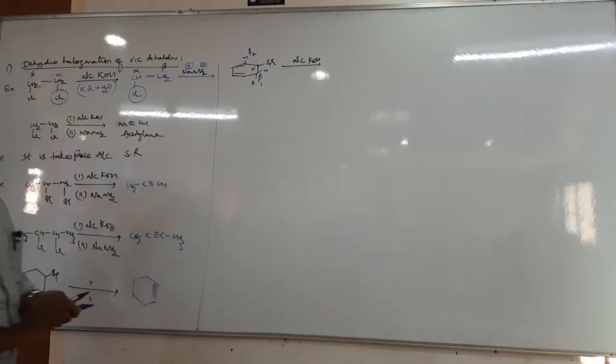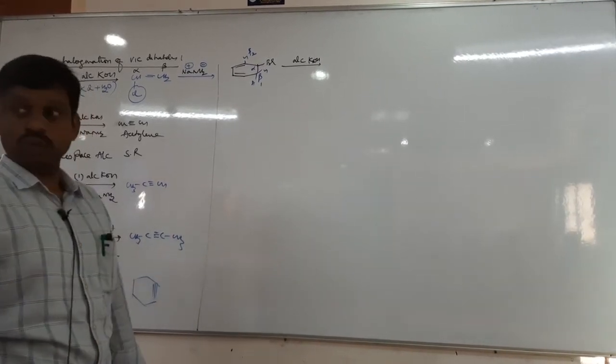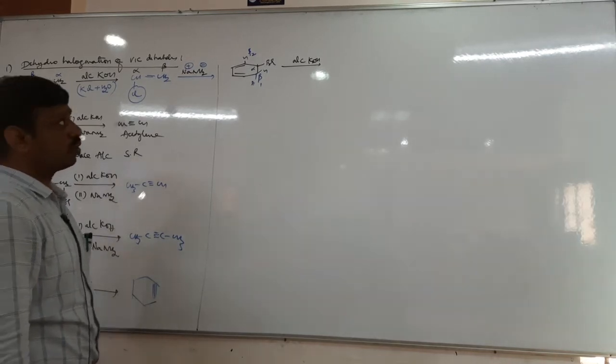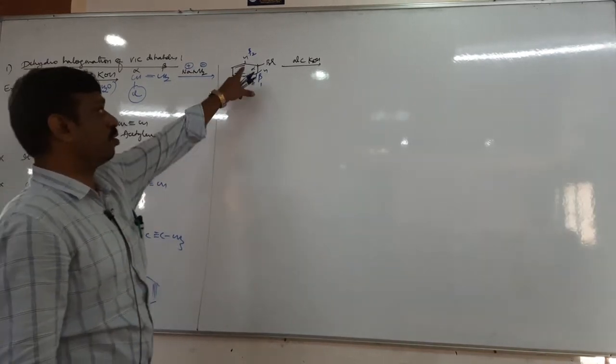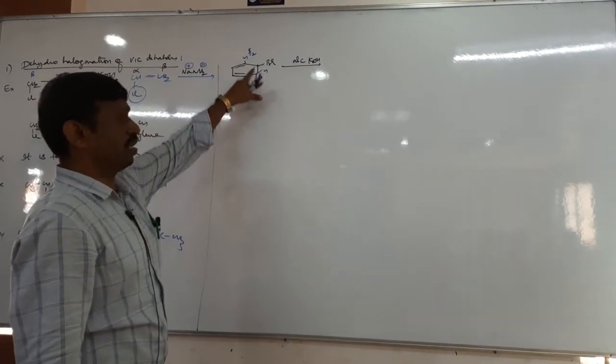Tell me. So from beta 2, think once. If hydrogen is eliminated from beta 2, you will get a double bond here. And if it is removed here, the double bond is here, which is stable.